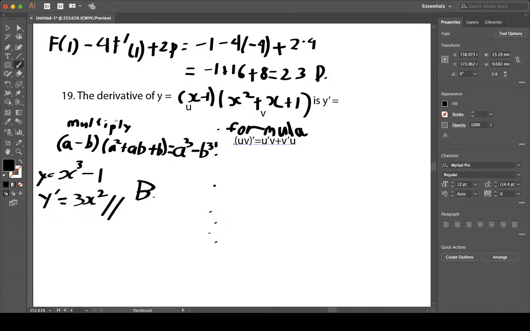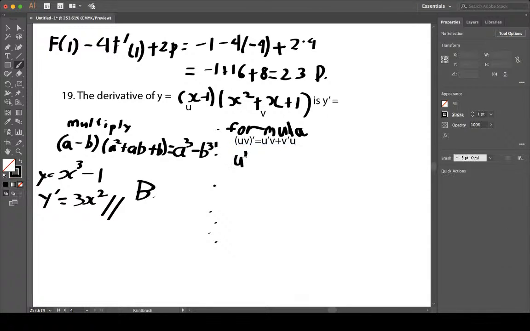Let's first go ahead and find what u prime is. u prime here would be x minus 1, that's 1 times x to the power of 1 minus 1, that's 0, and that would equal 1.